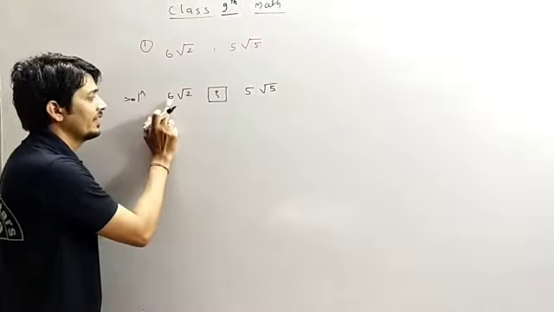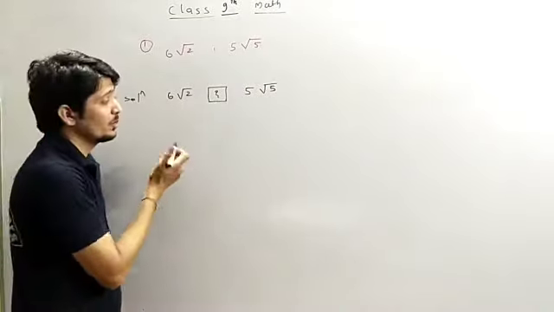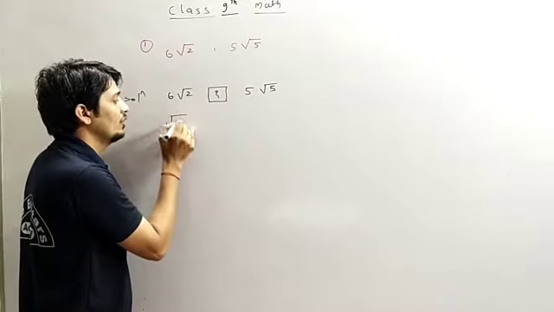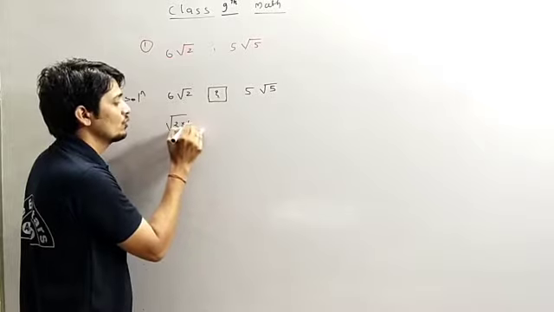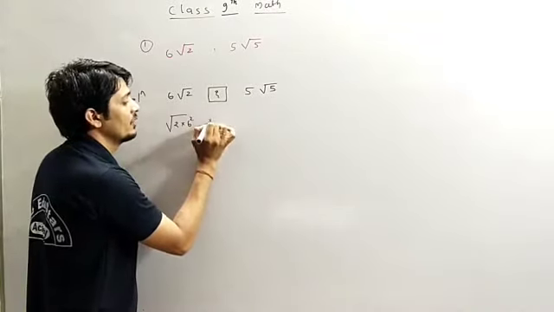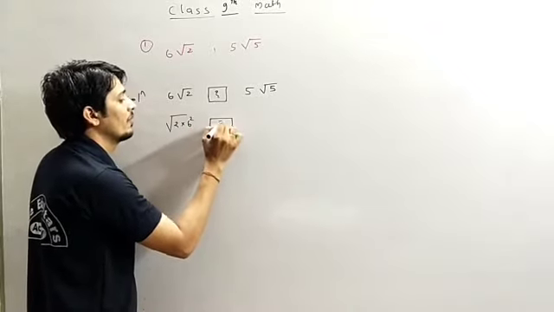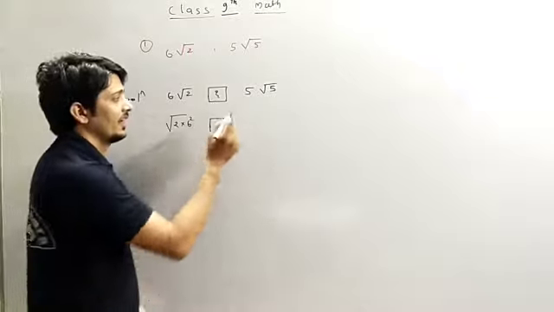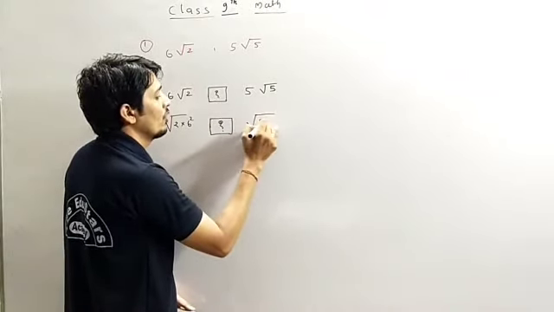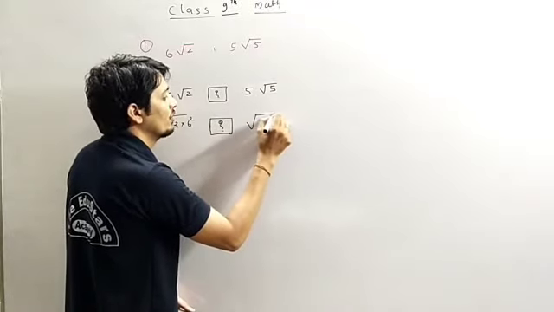Okay, now we are taking this 6 inside. Now when it goes inside, it will become a square. So 2 is already there, into 6 squared, because 6 is going inside. Okay. Now we don't know which surd is greater or smaller, that's why we are marking a question mark. And here again, we take 5 inside, 5 is already there, and when it goes inside it becomes 5 squared.